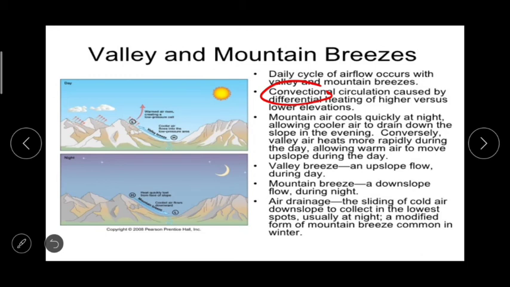Conversely, valley air heats more rapidly during the day, allowing warm air to move upslope during the day. So valley breeze is an upslope flow during day, mountain breeze a downslope flow during night.